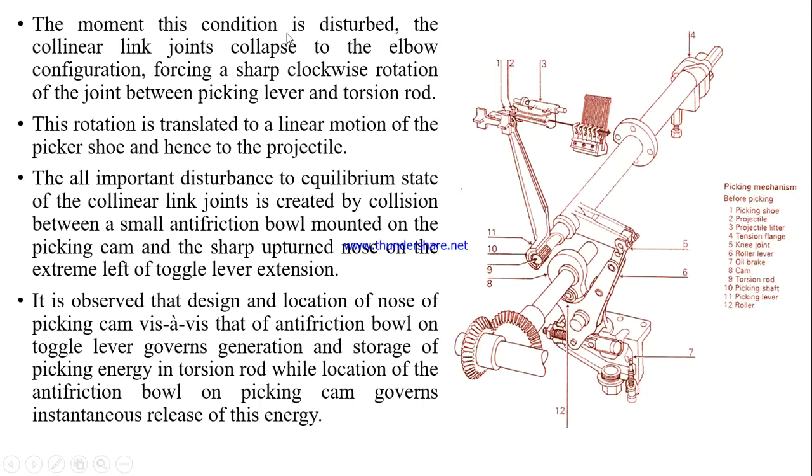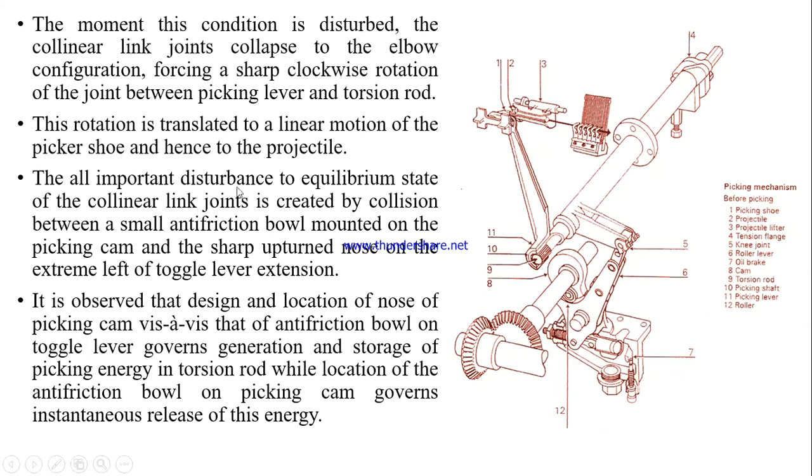The moment this condition is disturbed, that means the linear configuration is disturbed, the collinear link joints collapse to the elbow configuration, forcing the sharp clockwise rotation of the joint between the picking lever and torsion rod. This rotation is translated to a linear motion of the picker shoe, and hence the projectile, as I have already mentioned.